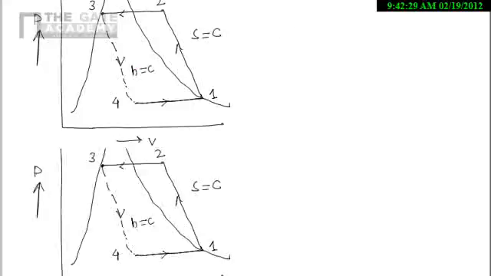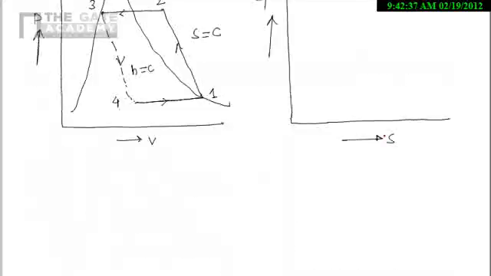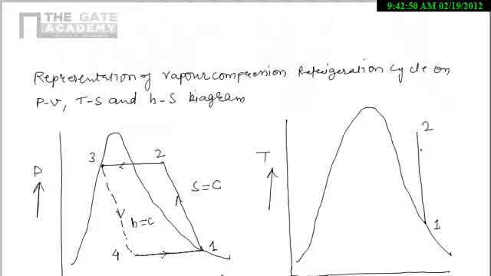In similar manner we can also represent this cycle on the TS diagram. For the TS diagram, we already know this one is the dome. 1 to 2 is an isentropic process. This one is the 1 to 2 process.